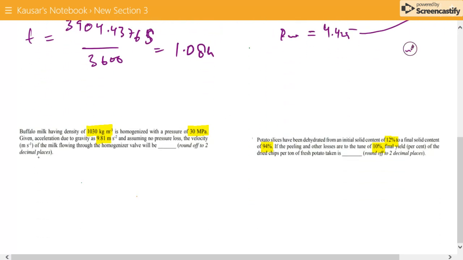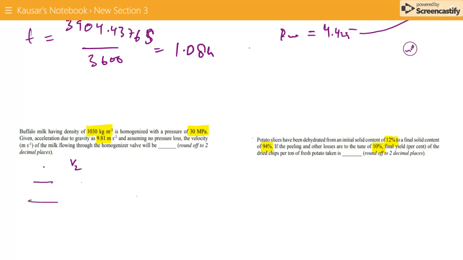Moving towards the next numerical, we have to calculate the pressure and velocity V2. When milk is homogenized, it is passed through a narrow slit, and the pressure from this side is very high, but the velocity v1 is very low, approximately 0, because the liquid flow is stopped because of the narrow opening.